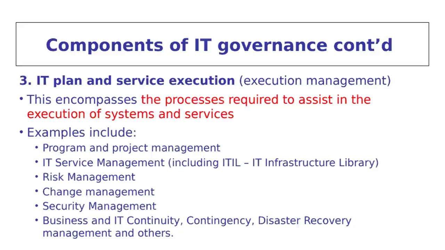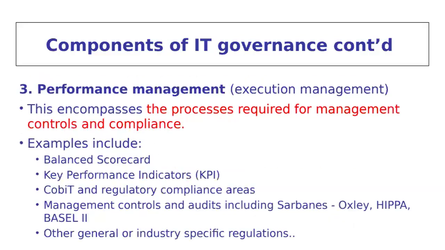Disaster recovery even, these are all under execution management. We have also under execution management, performance management. We want to measure the performance, check the KPIs, make sure that everything is running smoothly. So for this, we have balanced scorecards, KPIs.